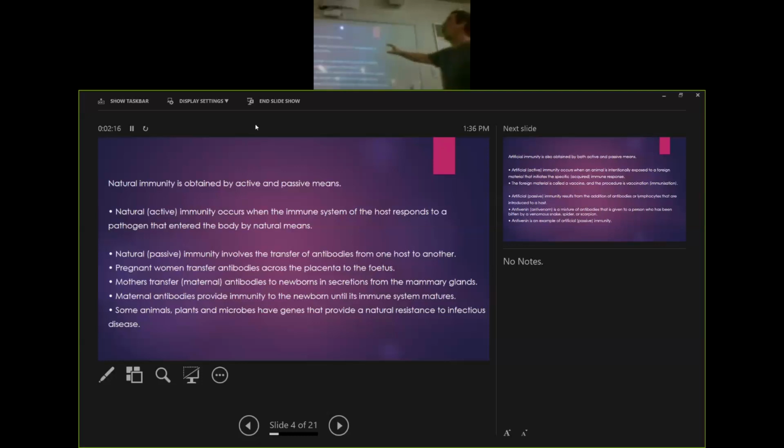Over time, once we've overcome that initial primary immune response, we have some sort of immunity to that disease because the secondary immune response is so much better. So when we are infected by the pathogen, we develop immunity from that. That's natural active immunity.